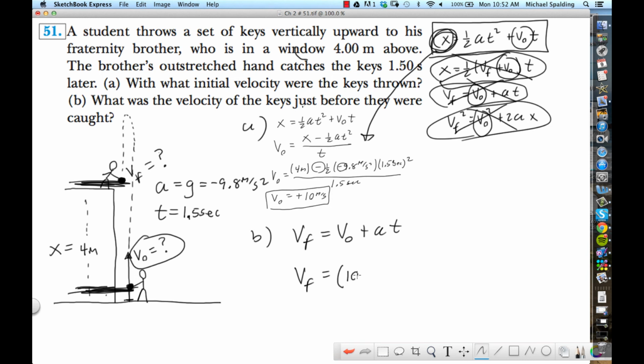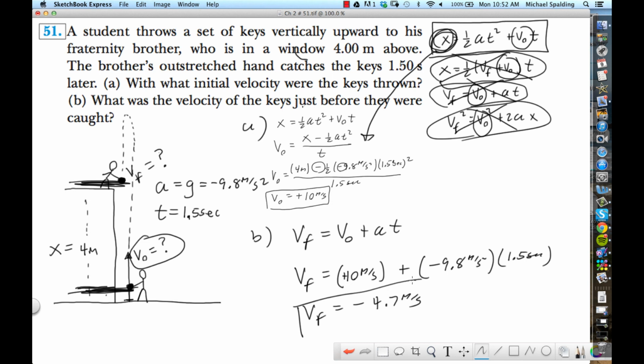V initial is positive 10, plus negative 9.8, and then the time is 1.5. Now, this answer comes out as negative 4.7 meters per second.